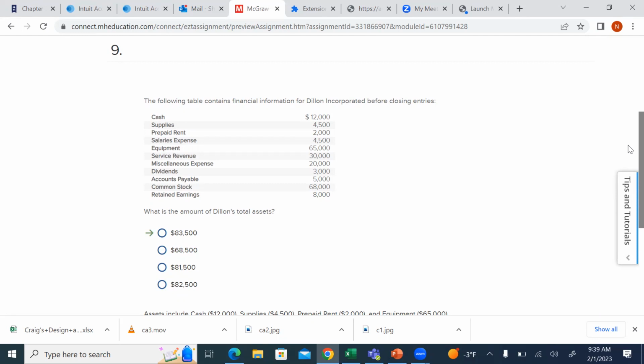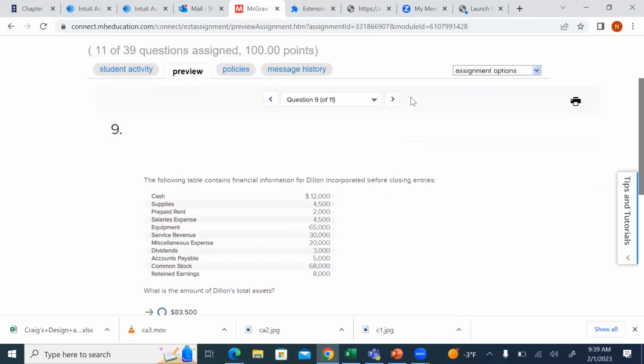That's it. They didn't put in accumulated depreciation, so good. Okay? Does this make sense? What is salaries expense? It's an expense account. It's not an asset. Okay? Next.